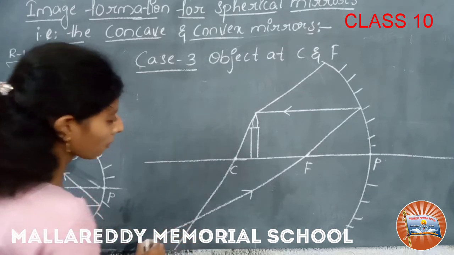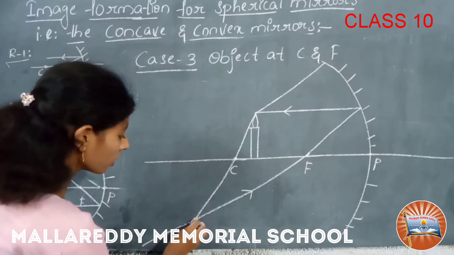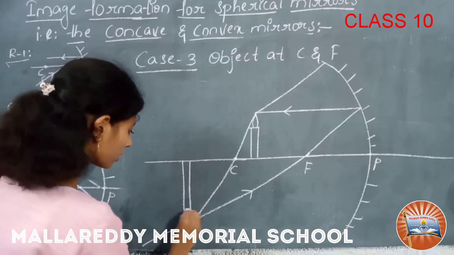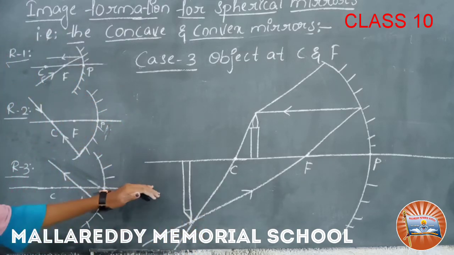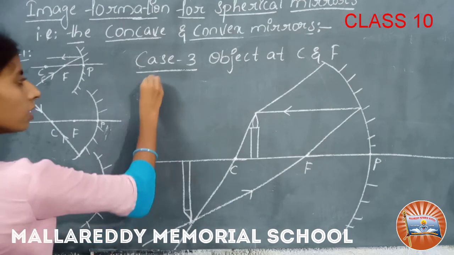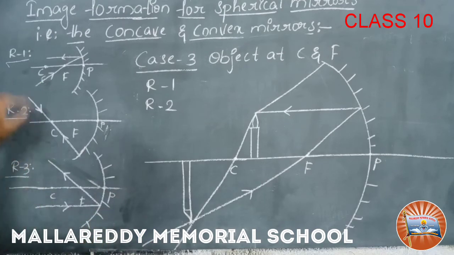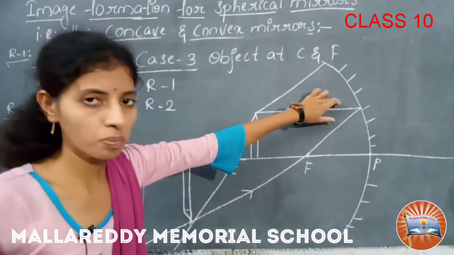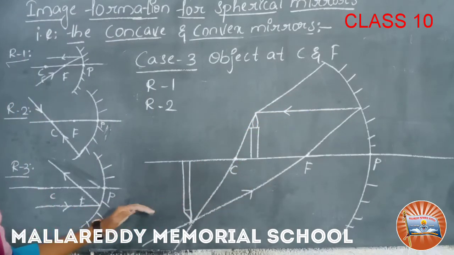So here when these two rays meet at this point, the two rays are joined, that means converged. Okay. Now see here we are following rule 1 and rule 2. Rule 1 is when the incident ray passes through the mirror and it is reflected through the principal focus.